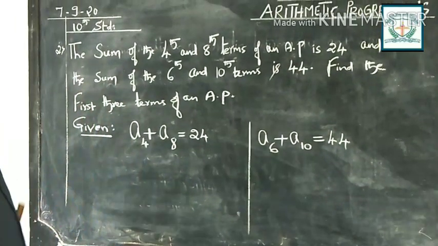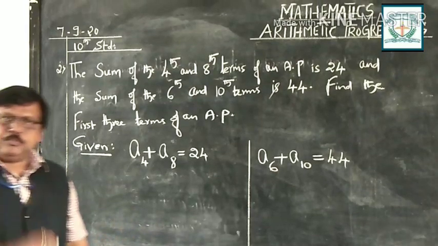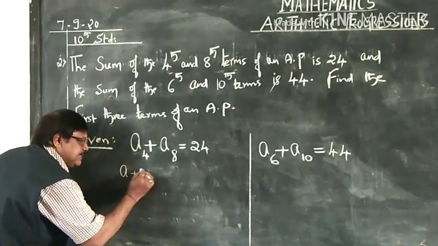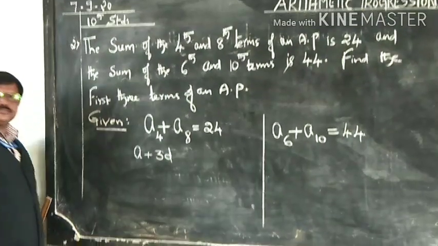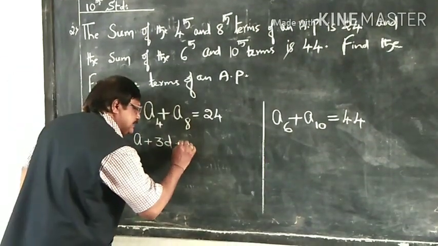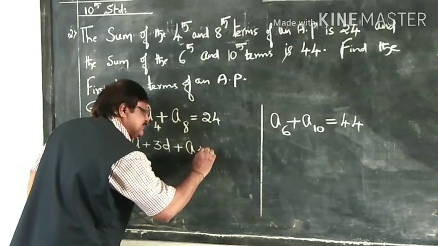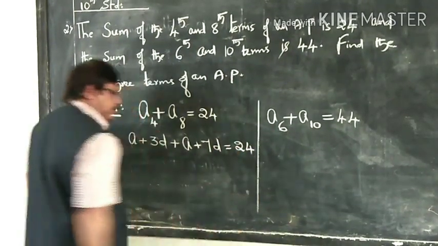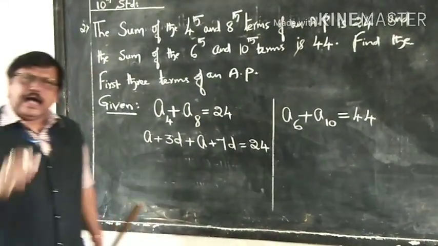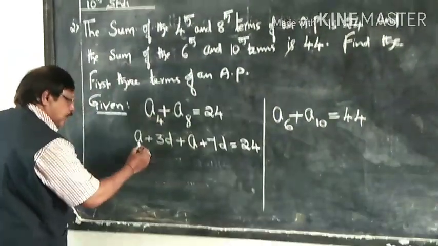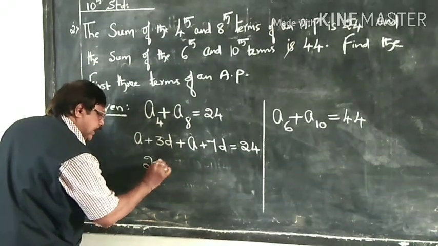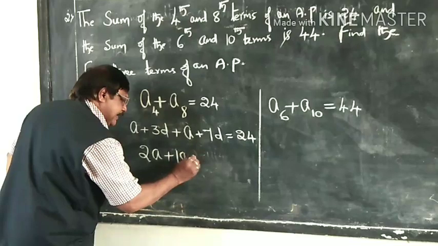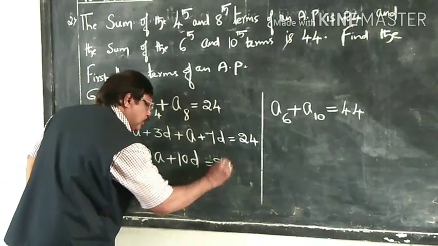You write down that and then you solve the problem. a4 can be written as a plus 3d, plus a plus 7d is equal to 24. Add the like terms. a plus a, 2a, plus d plus d, 10d is equal to 24.